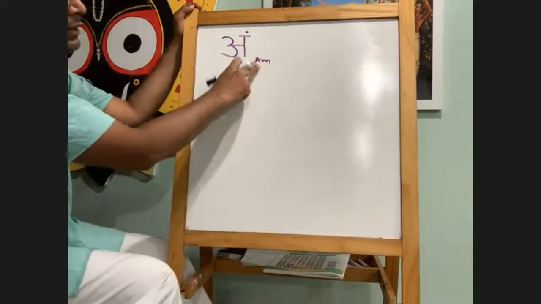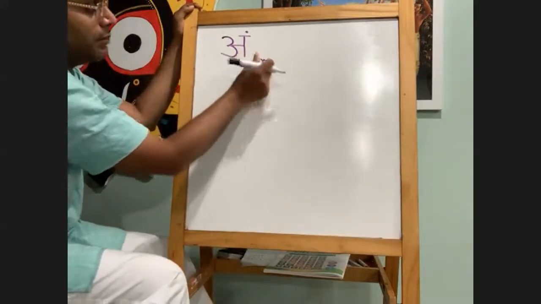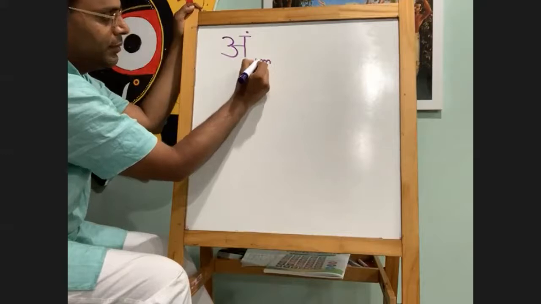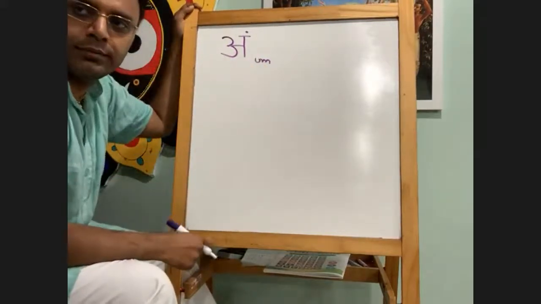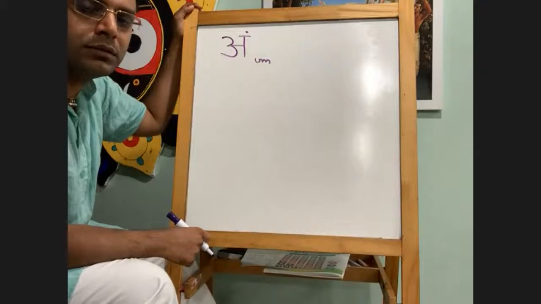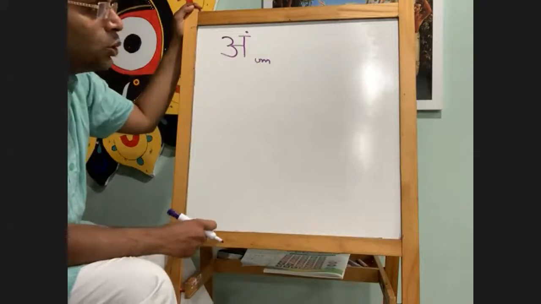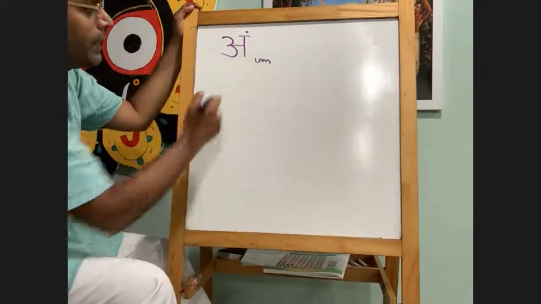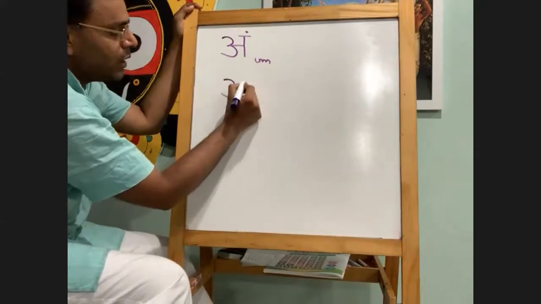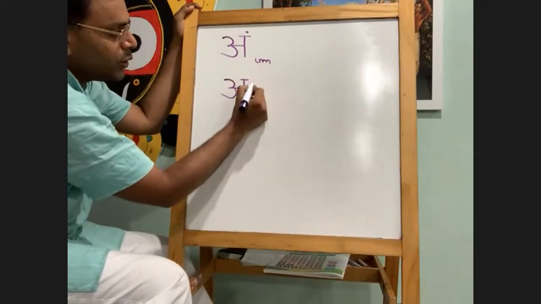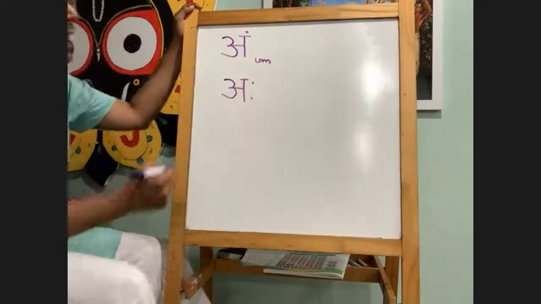Like am, or I will write um, like in Angur. So it's Angur. And then the next one has two dots at the back.